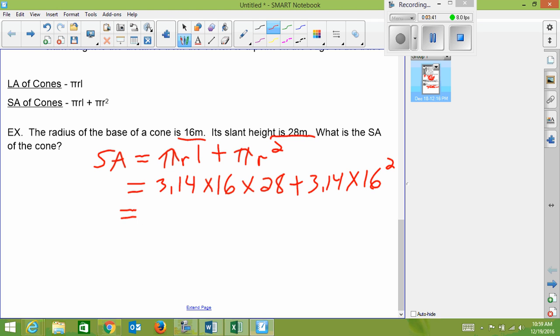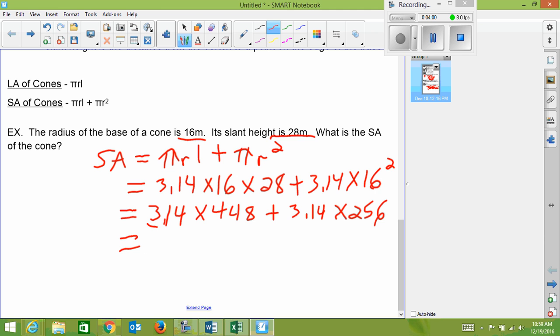So now we just have a lot of math I got to do. So 3.14, 16 times 28 is 448. Plus 3.14 times 16 squared, which is 256.